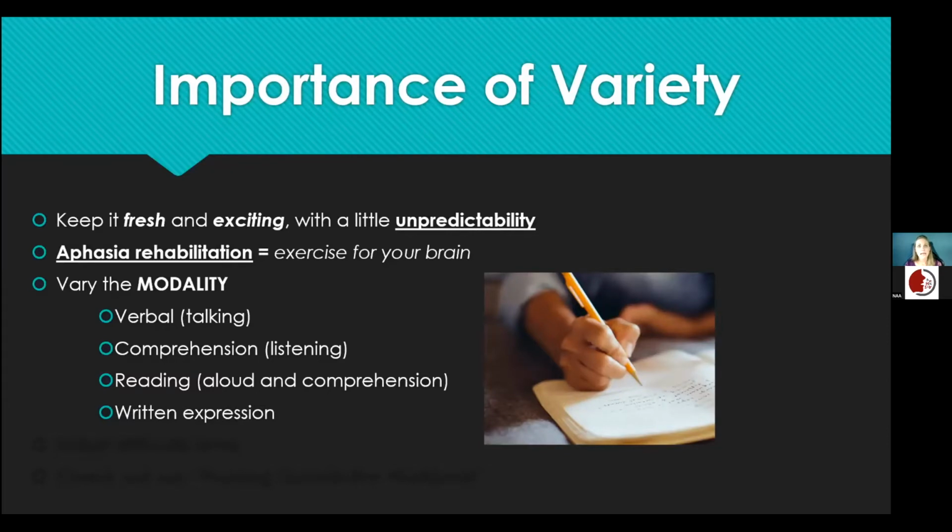So if a task that you're working on, let's say it simply requires you to name a picture, okay? How about you try writing the name of the picture next time? You're working then on your written modality. If you are being asked to read a short paragraph and answer some questions, maybe a friend or a loved one can read that paragraph to you.